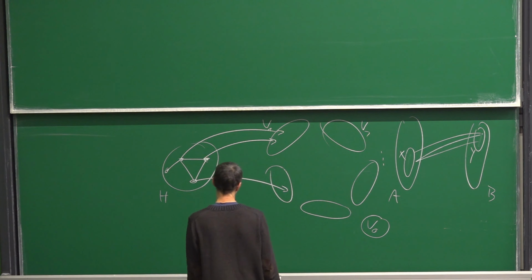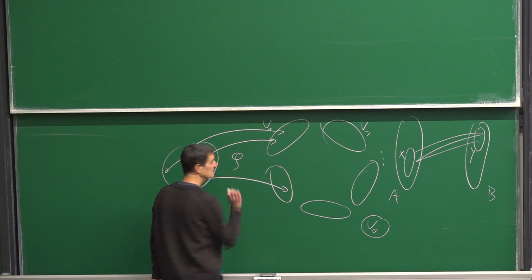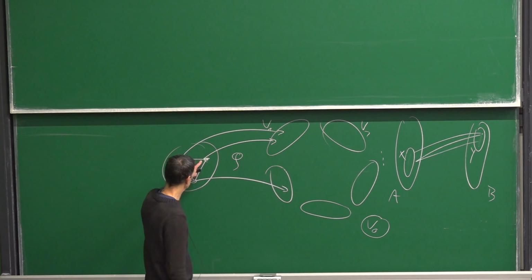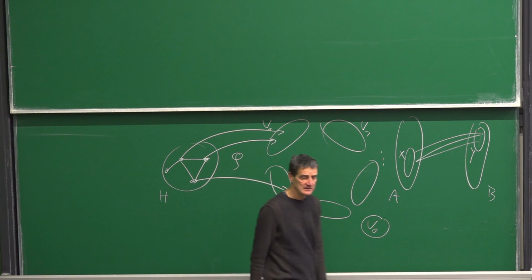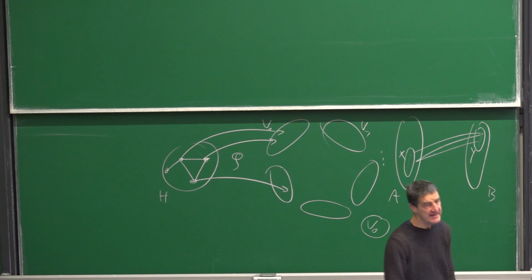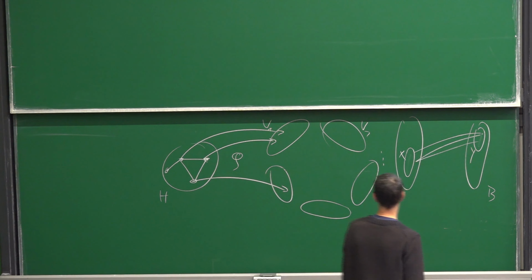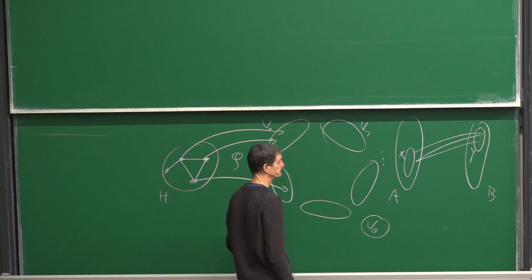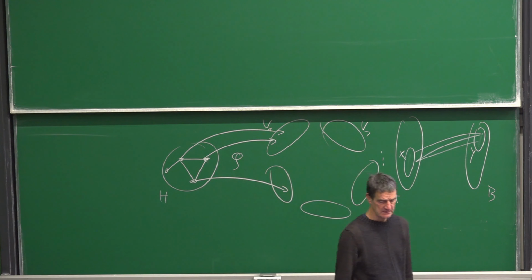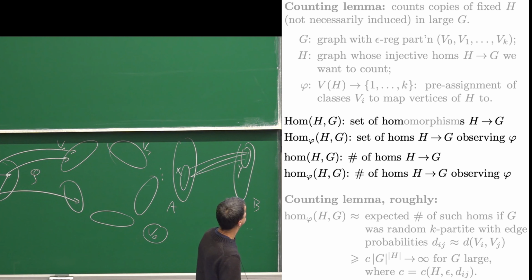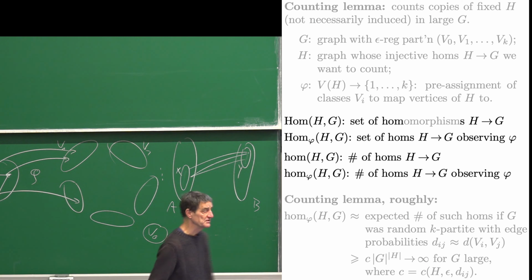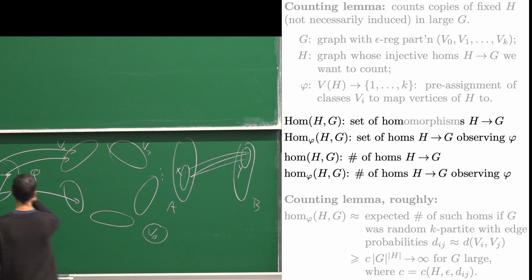Now we just have any specification for every vertex of H. We assign it a little index between 1 and k that signifies the target class to which it should be mapped. And we're counting homomorphisms from H to G that respect this assignment of target classes.